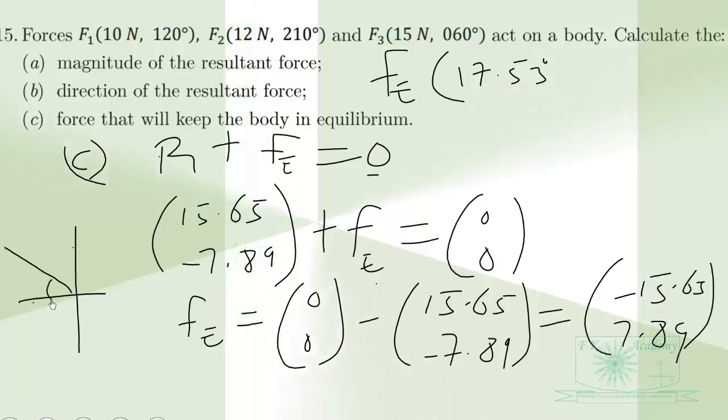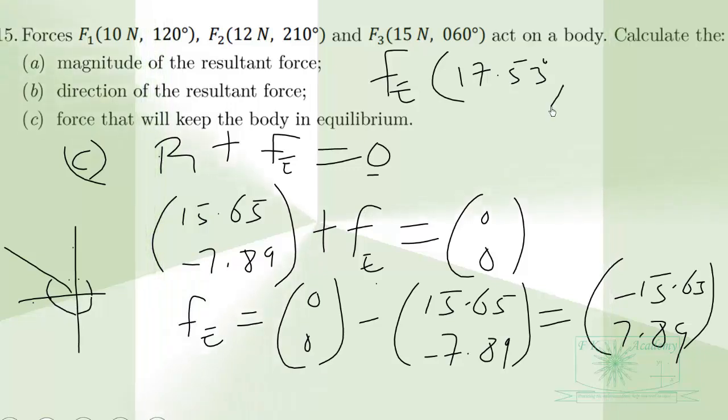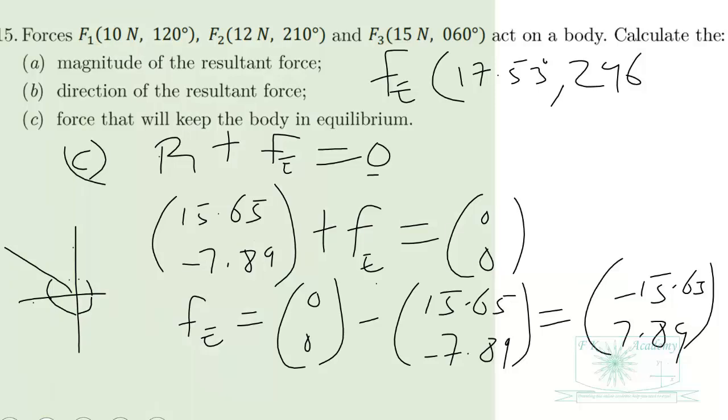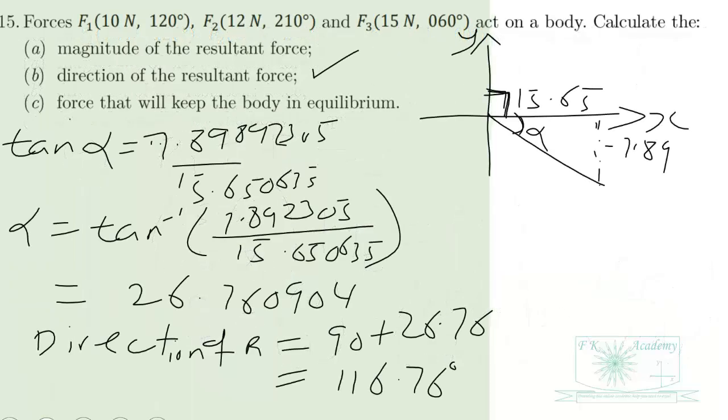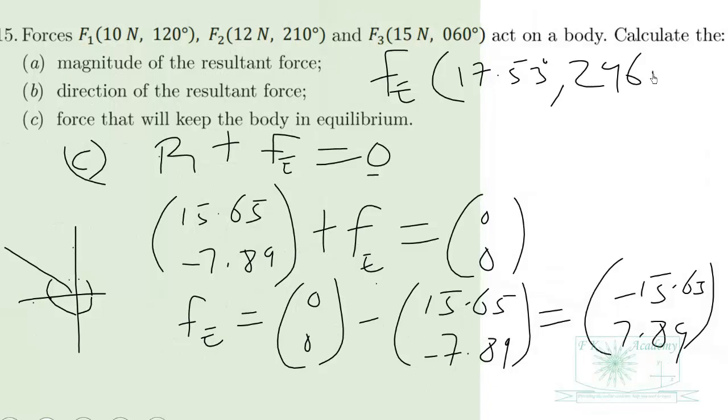So we have 26 plus 270, which gives 296.76 degrees. So that will be the force that will keep the body in equilibrium.